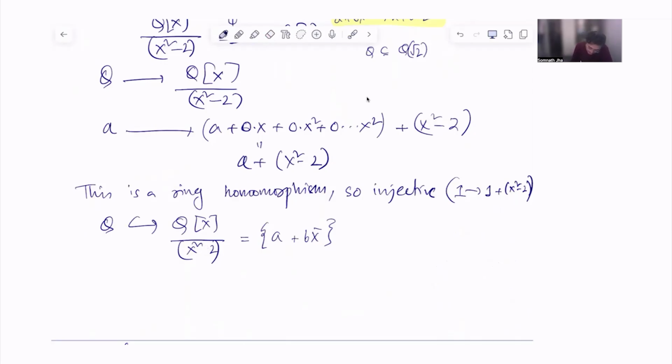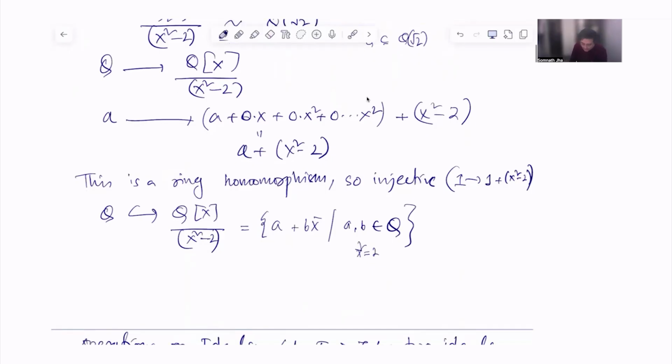In fact, you can think in this way. We also introduced this notation sometime, writing x bar for the quotient class. This is not a polynomial ring, but we can think of elements as a plus b x bar, where a and b are in Q. And x bar has the property that x bar squared equals 2. Whenever I see x bar squared, I'll put 2.